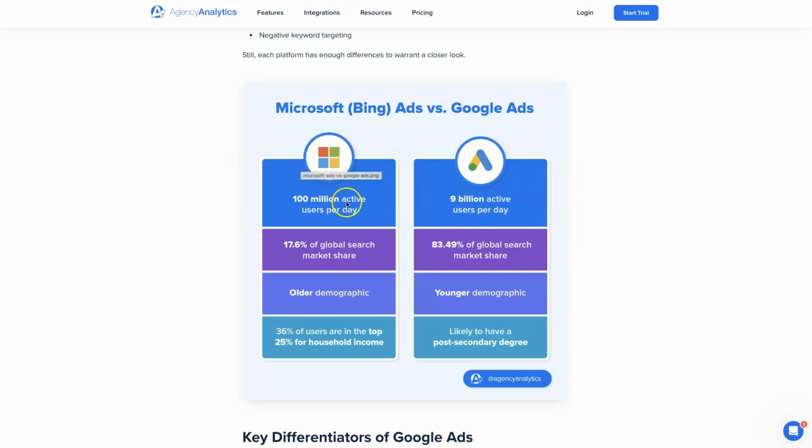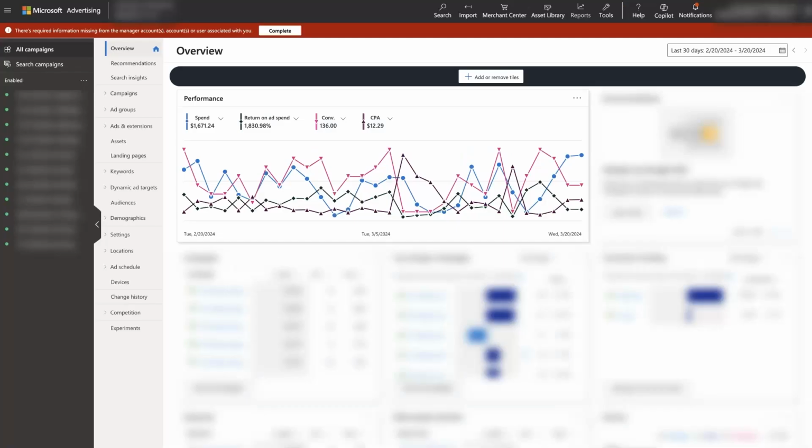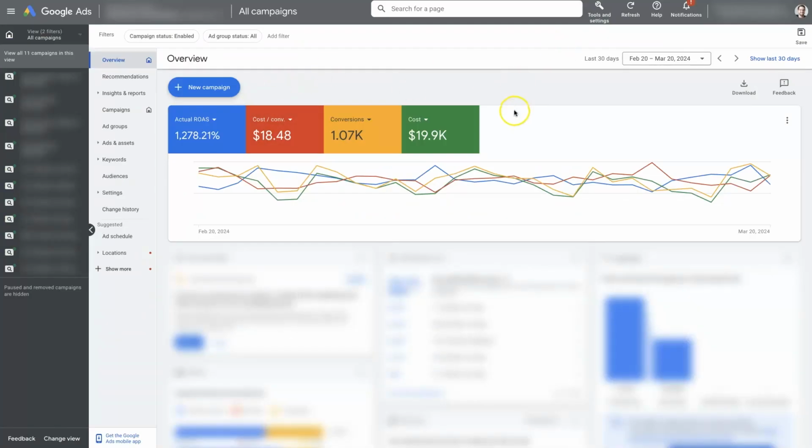But Microsoft Ads is kind of this sleeper that most people aren't paying attention to, where you can come in and get some really inexpensive traffic, some really inexpensive leads, and a really high return on investment. You can see the return on ad spend in this account is actually closer to 1,850%, which means for every dollar that's spent on the ads in this Microsoft Ads account, there's about $18.50 coming back, which is awesome. That's considerably better than what we're seeing in Google Ads.